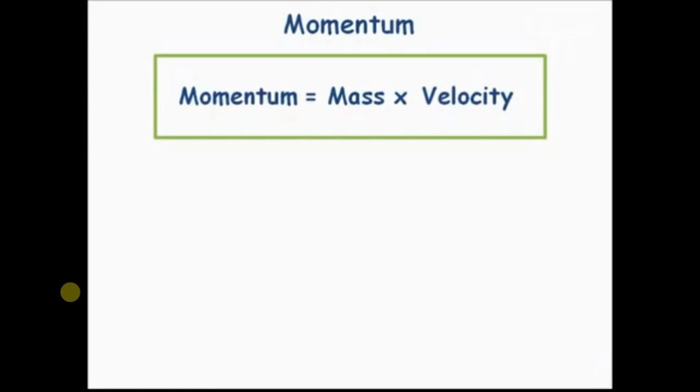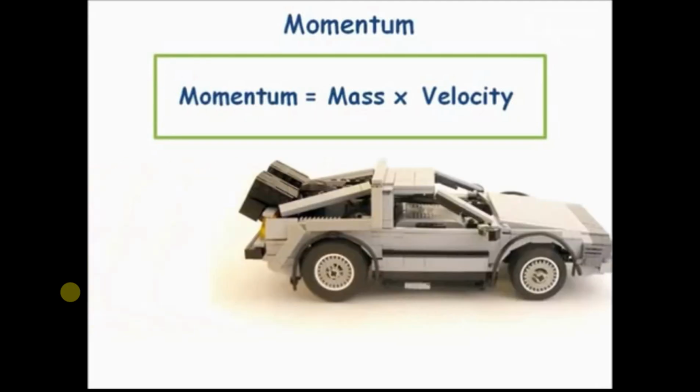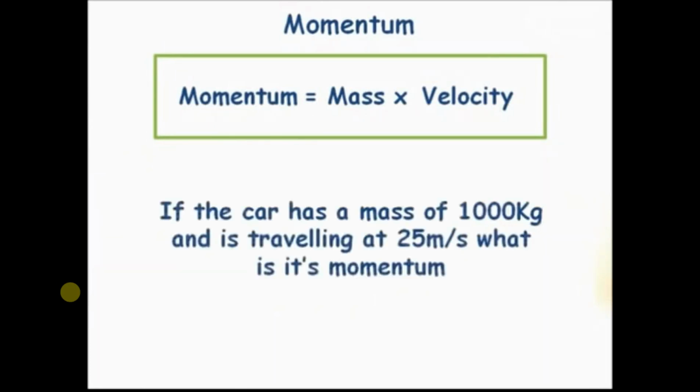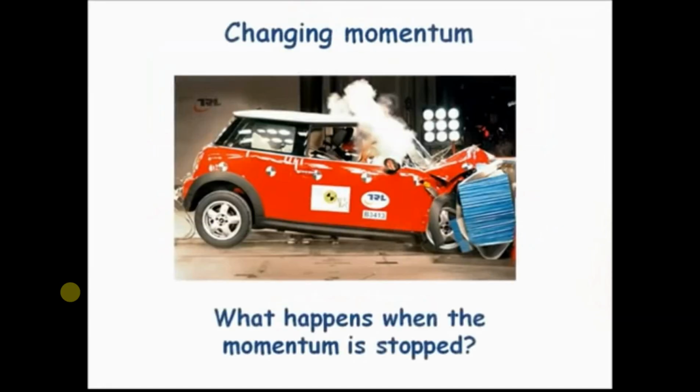Momentum is mass times velocity. Let's remind ourselves that momentum is equal to mass times velocity. If our car weighs 1,000 kilograms and it is travelling at 25 meters per second, what is its momentum? I'm pretty sure 25,000. I can do that math in my head. That's right, you've got it. 25,000 kilograms meters per second.